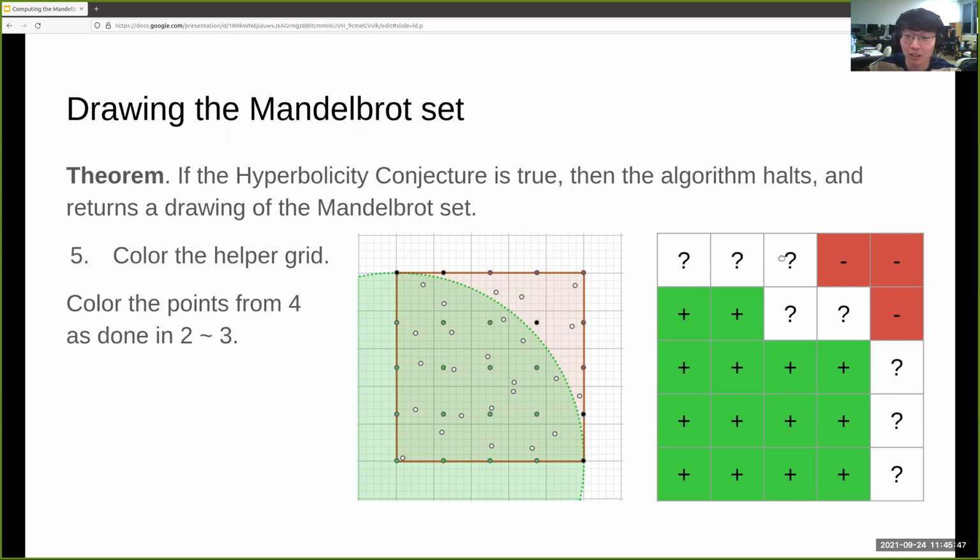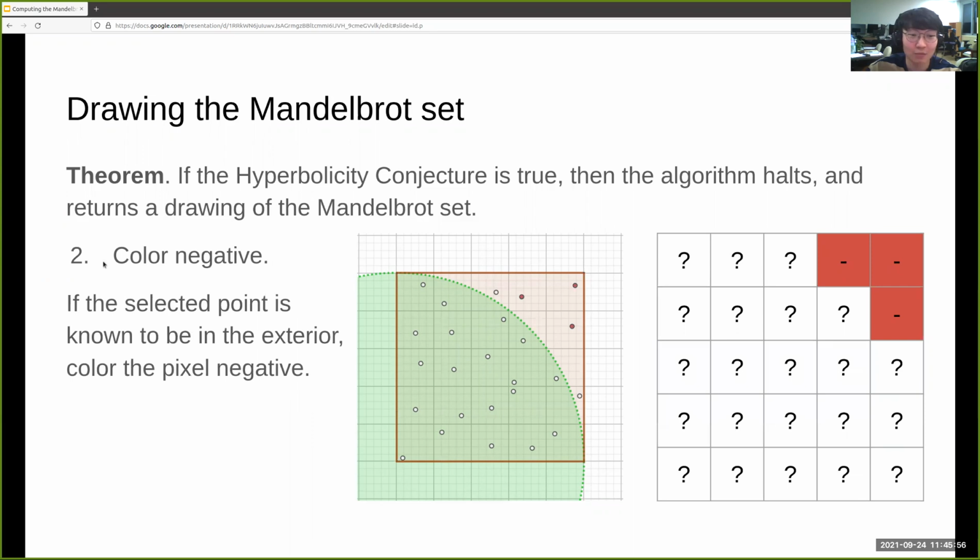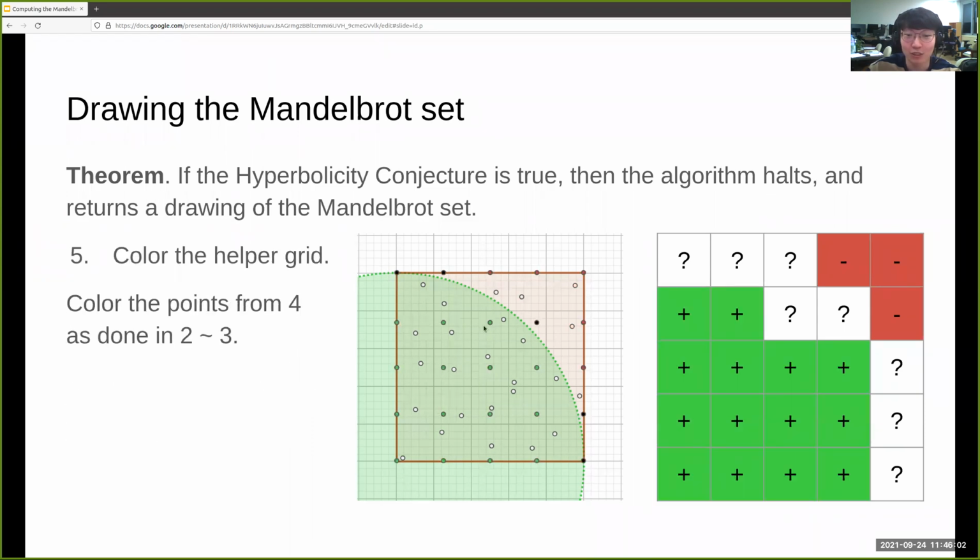Now we're going to color the helper grid. Color the points from the previous step as we colored in steps 2 and 3. In other words, color the helper grid positive or negative.